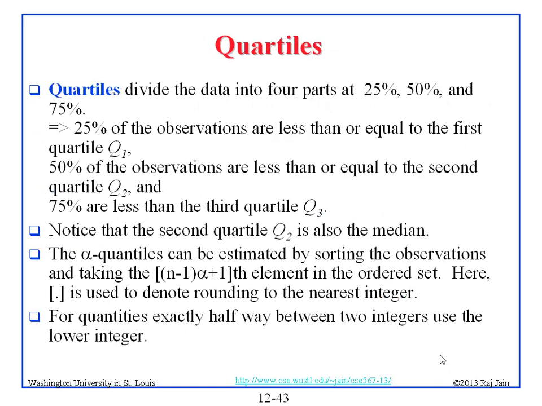Quartiles are the same as percentiles, except that they happen at 25%. So we talk about first quartile, second quartile, third quartile, and the second quartile is also the median. You can estimate any percentile or quantile by just sorting the observations and taking the (n minus 1) times alpha plus 1th element in the ordered set, where the square bracket is used to denote rounding to the nearest integer.